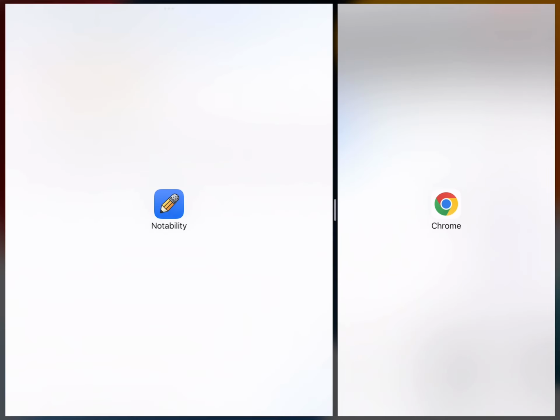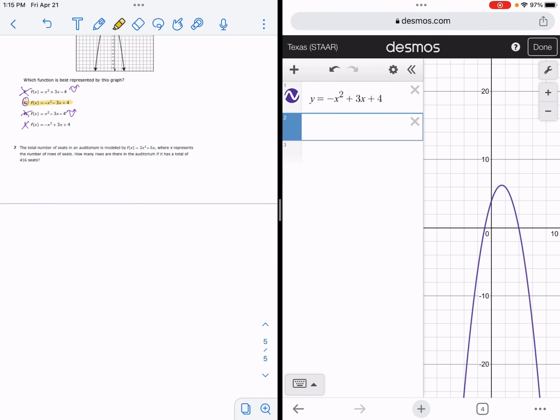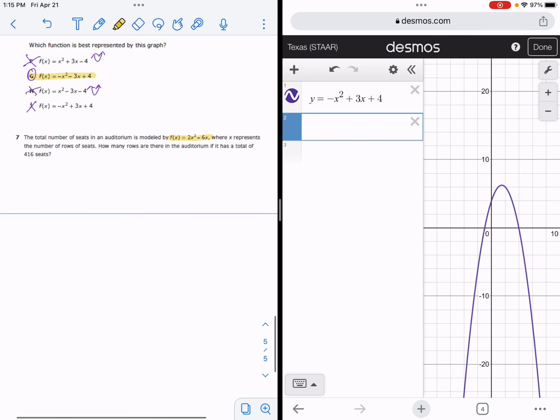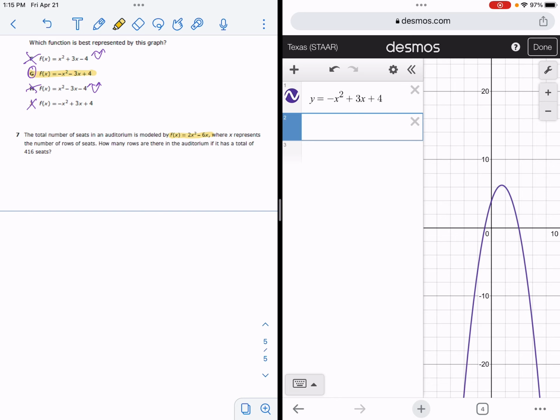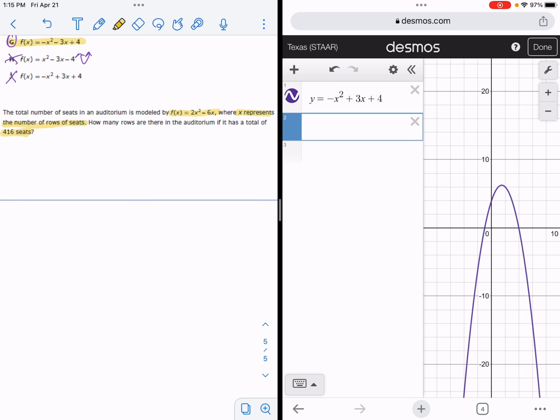All right, I think we're almost to the end. The total number of seats in an auditorium is modeled by f of x equals 2x squared minus 6x, where x represents the number of rows of seats. How many rows are there in an auditorium if there is a total of 416 seats? Okay, so x represents the number of rows of seats.